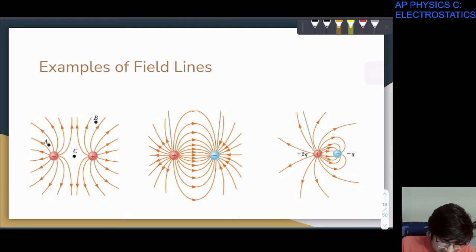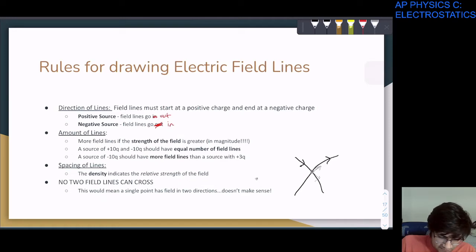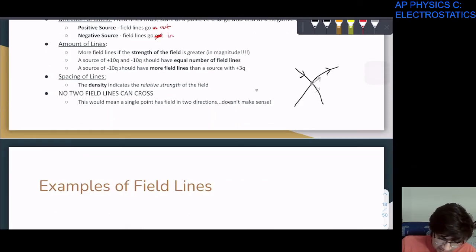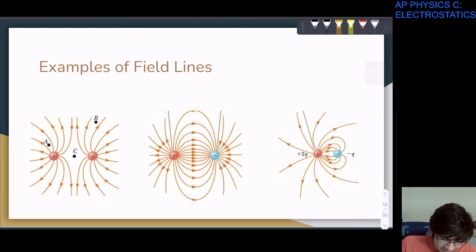So you can see in this case, you have two positive charges, right? And the field lines go out. So looking at our rules, positive source, field lines go out. Well, this is plus one. There should be an equal number of lines coming out. Also, the spacing should be relatively the same. Like if you're over here versus over here, the spacing indicates the strength.